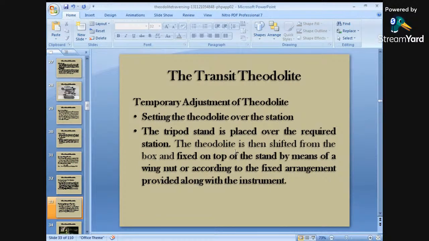The theodolite is then taken from the box and fitted on the top of the stand by means of wing nuts, according to the fixing arrangement provided with the instrument. Because generally your theodolite is provided in a box, you will have to open that box and fix it to the tripod stand. There are some socket arrangements with the help of which you can fix your tripod stand with your theodolite.